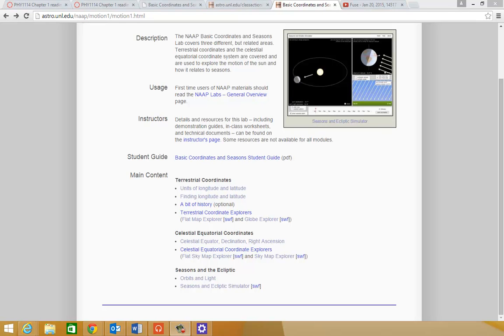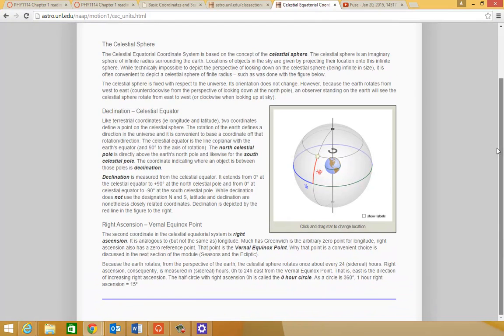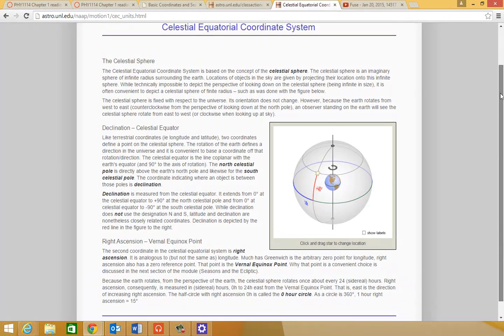attempt. So the first question has to do with the celestial sphere. For guidance on the first question, I encourage you to check out the celestial sphere, celestial equator, declination, and right ascension tab. And check that out, and hopefully that'll give you enough information to handle both the first question as well as the second question.